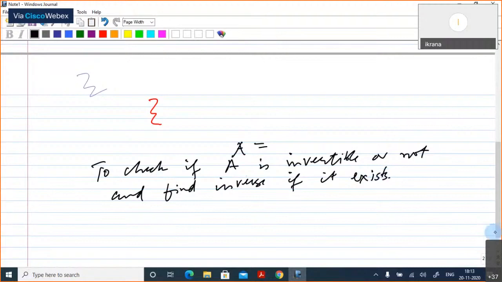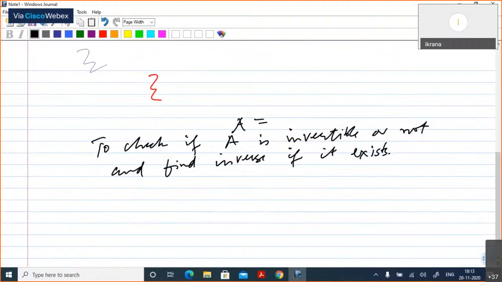Just now we saw that for A, let us reduce it to its reduced row equivalent form. So multiply by E1, multiply by E2, and so on up to En. That gives me its reduced row equivalent form.